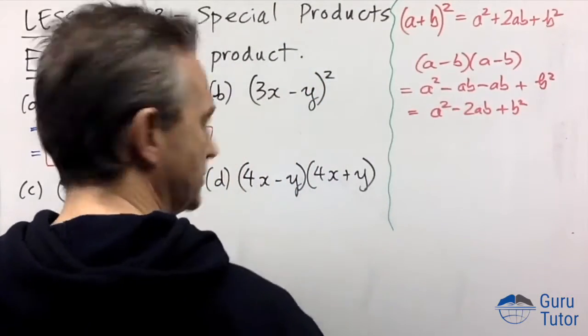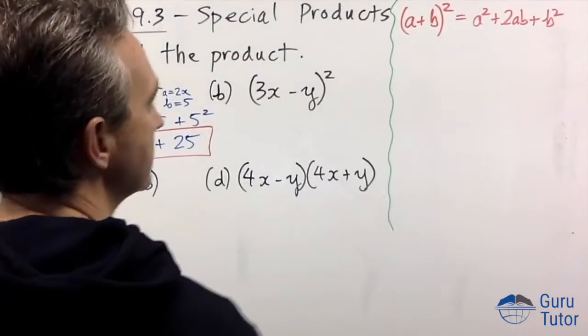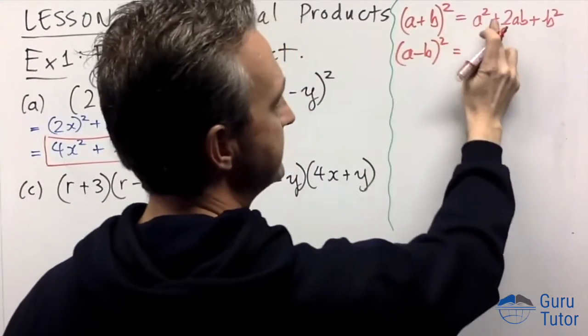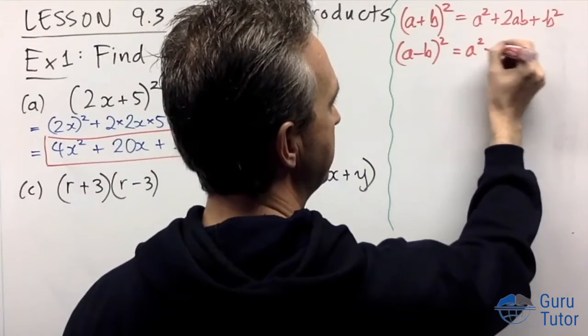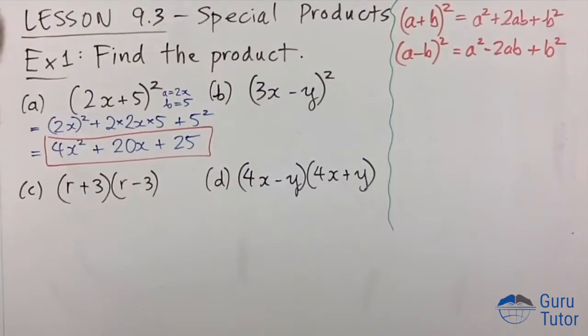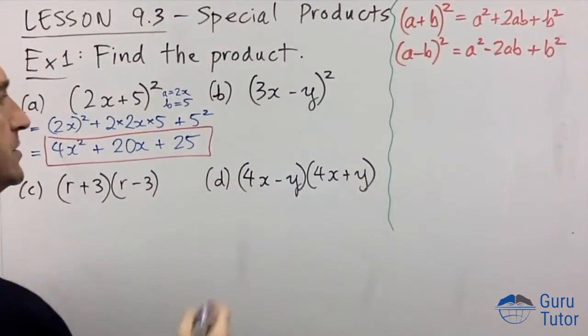So the second special product is, let me just rewrite that. A minus b all squared. It's the same except this turns to a squared minus 2ab plus b squared. Again, hopefully you can memorize that one. If you remember the first one, the second one's pretty close to it.